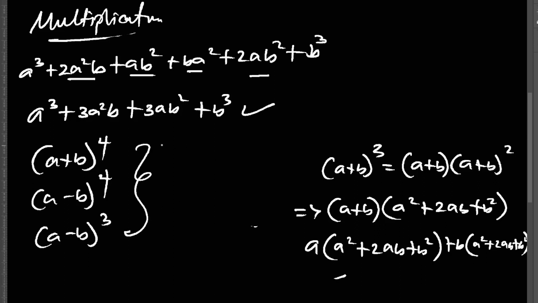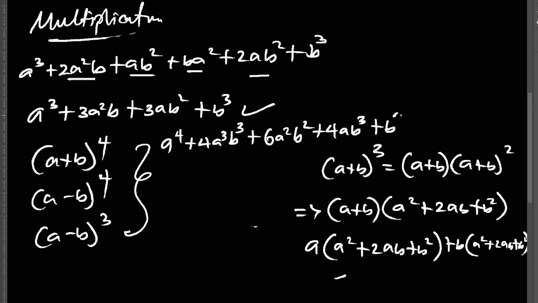So if you do it right, your result for this one is going to be a to the power of 4 plus 4a cube b plus 6a square b square plus 4ab cube plus b to the power of 4.